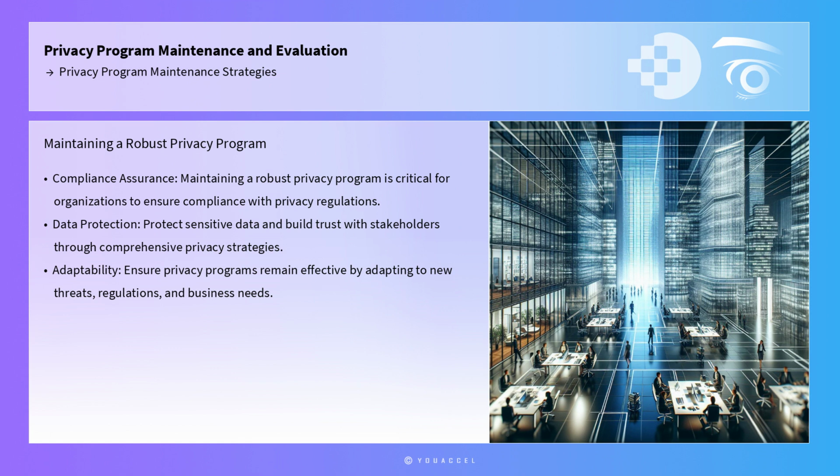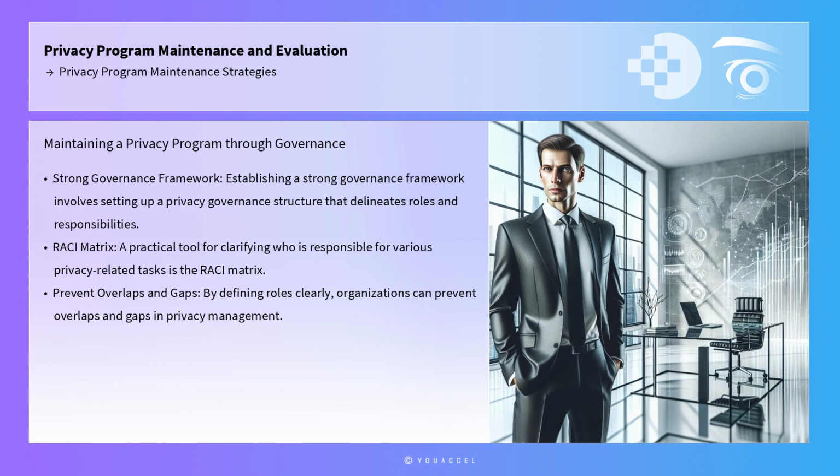These strategies are essential for ensuring that privacy programs remain effective over time, adapting to new threats, regulations, and business needs. One of the primary strategies for maintaining a privacy program is establishing a strong governance framework. This involves setting up a privacy governance structure that delineates roles and responsibilities, provides oversight, and ensures accountability within the organization.